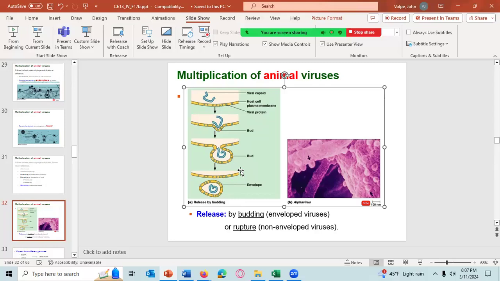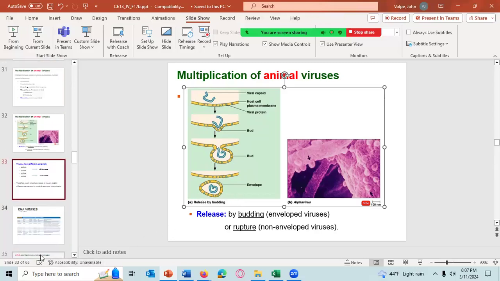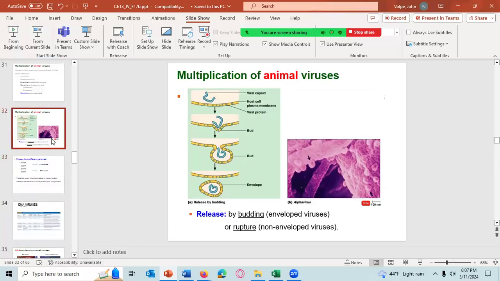What happens when the virus is replicating is it's a naked virus, and it gets put inside of a vesicle. The vesicle then fuses with the cell membrane of the cell, and when it does, it opens up, releasing the contents of the virus. Oops, go back to the outside.